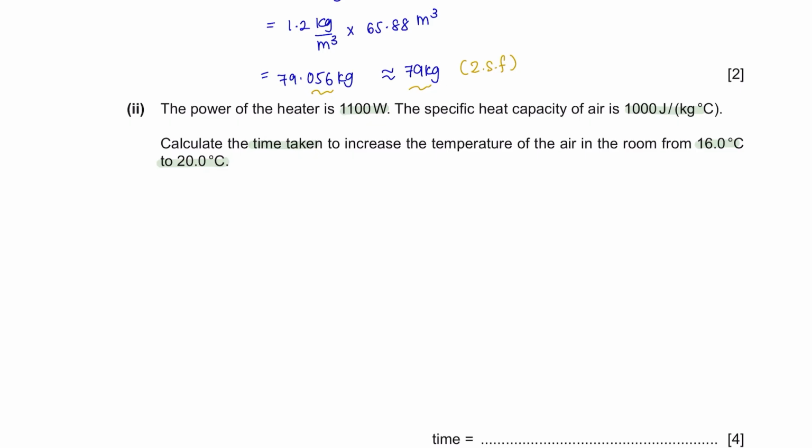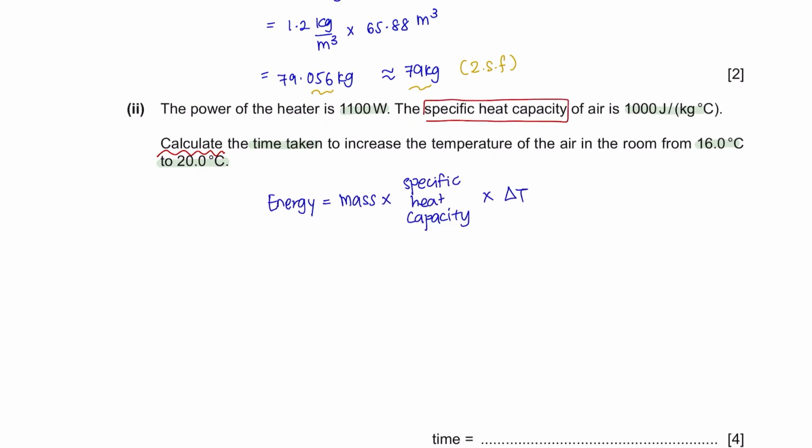When the question asks you to calculate a value, you need to know the formulas related to the information given. There is only one formula related to specific heat capacity, which is energy equals mass times specific heat capacity times change of temperature. Just a reminder, you will always be given the specific heat capacity of a substance, so you do not need to memorize any values.